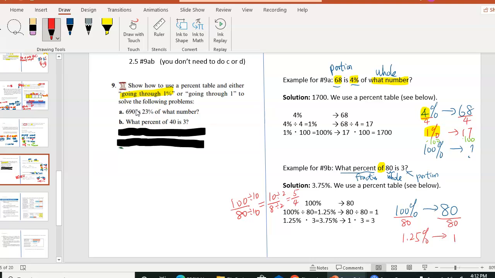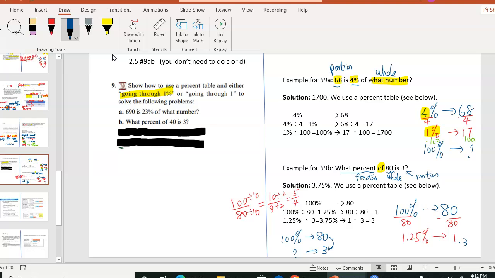Okay, so next, we want to get the number 3, because 3 is the number given. Let me set up the original here so you can refer to that. So 3 corresponds to what percent? Because I cannot really turn 80 to 3 very easily, I turned 80 to 1. Now I just need to turn 1 to 3, which is very easy to do.